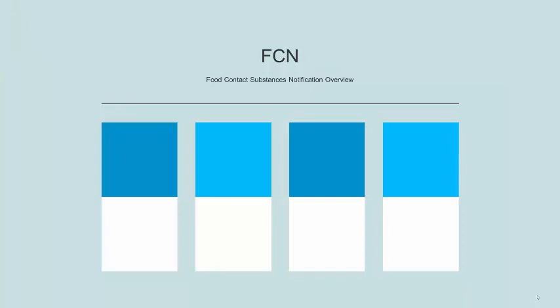So we'll round out our discussion by looking at food contact substances notification. We talked a little bit about this previously, in saying that there is this ability to say that an indirect food additive, which is what a food contact substance would be, is GRAS. And so we can do this through the GRAS process.